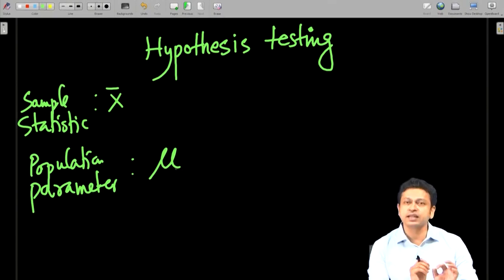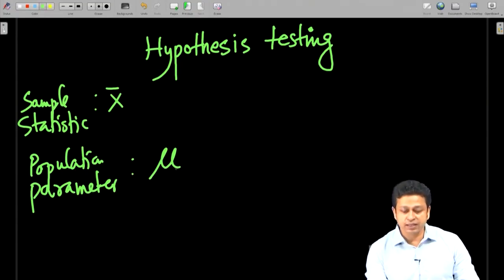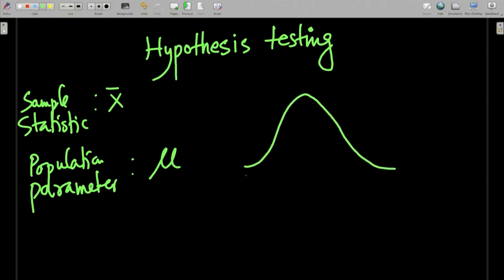Let me first explain the problem. Let us diagrammatically show how we can conceptualize the relationship between a population parameter and a sample statistic. Let us say this is a distribution of all the values that we can get of the sample statistic, and here, let me use a different color, this is my population parameter.